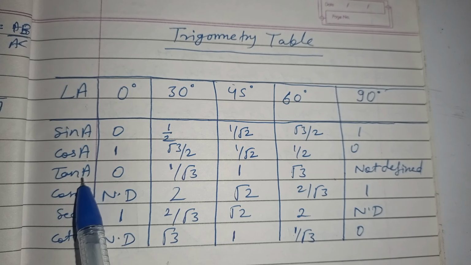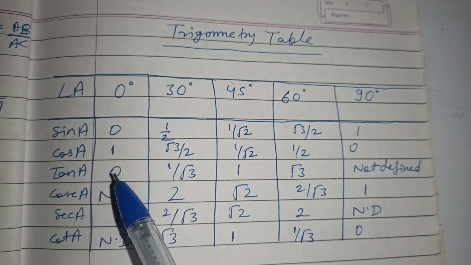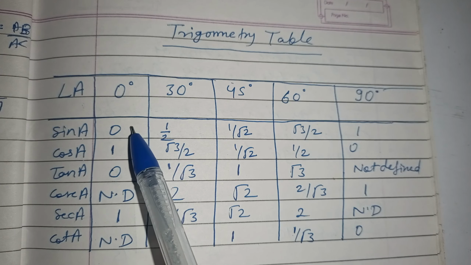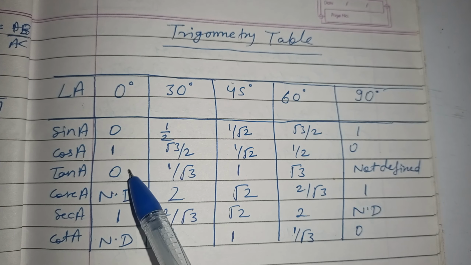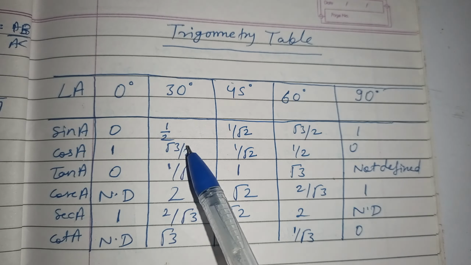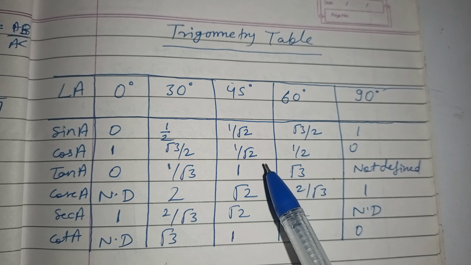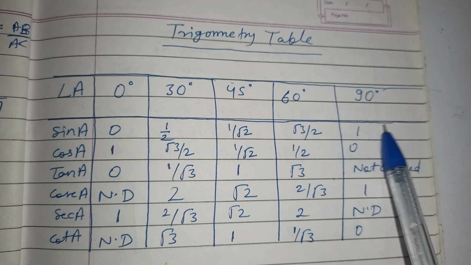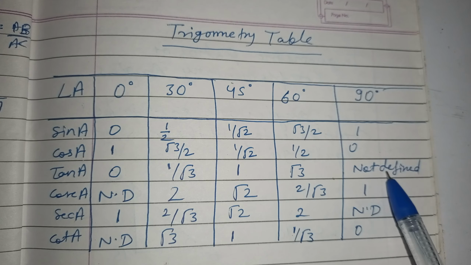Let's talk about tan A. As we know, tan A is equal to sin A upon cos A. So 0 upon 1 will be equal to 0, and 1 by 2 upon root 3 by 2 will be equal to 1 by root 3. We can solve for 45, 60, and 90 degree. It will be 1, root 3, and not defined.